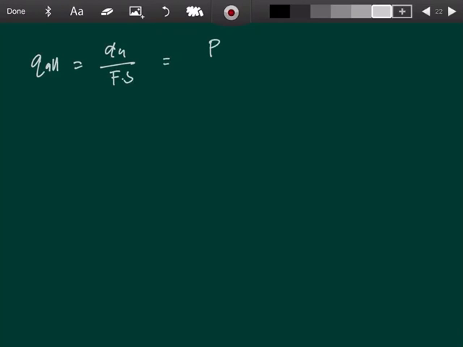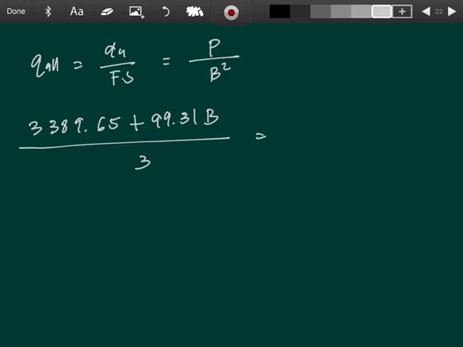Okay? So, equate natin ulit na Q allowable is equal to QU over Fs, where Q allowable is equal to P over area, B squared. So, ang QU natin is 3389.65 plus 99.31 B over factor of safety of 3 times 2,400 over B squared.